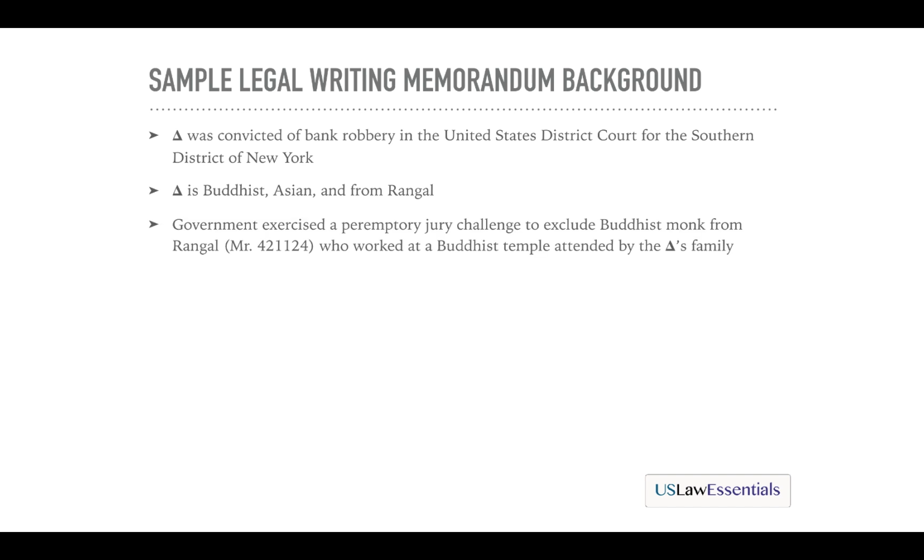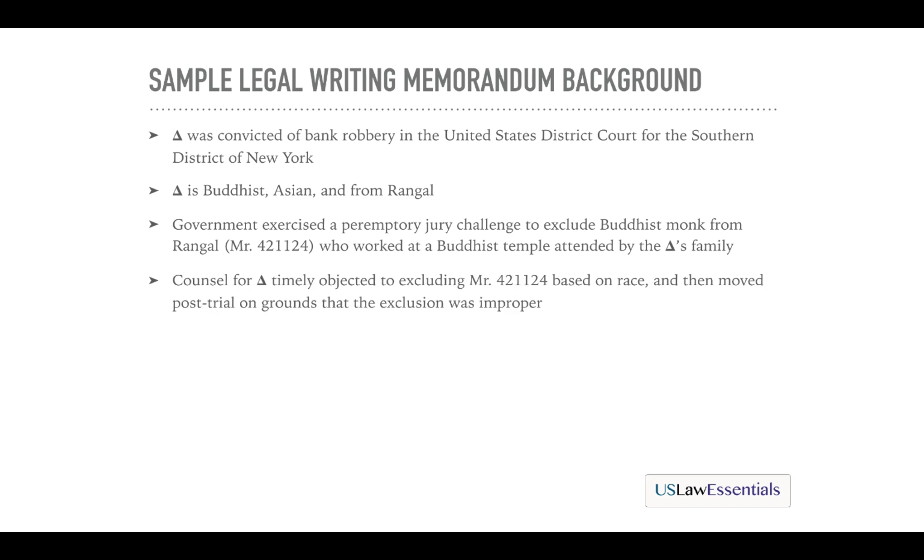And we'll say that the government exercised a peremptory jury challenge to exclude a Buddhist monk who was from Wrangle. And we'll say that was Mr. 421124. And this potential juror worked at a Buddhist temple that was attended by the defendant's family. Now, counsel for defendant timely objected to excluding Mr. 421124 based on race, and then the defendant moved post-trial on grounds that the exclusion was unconstitutional and improper.